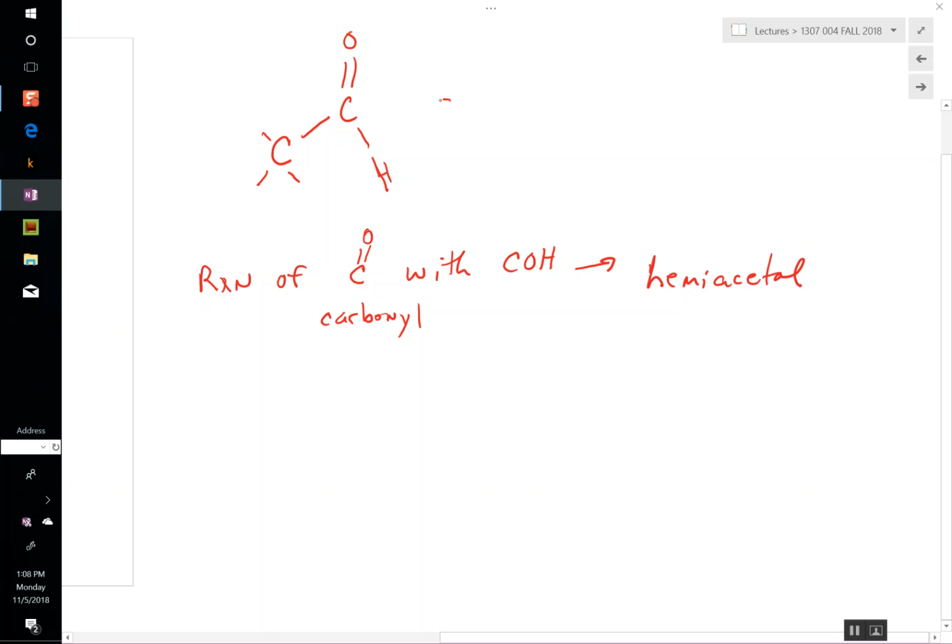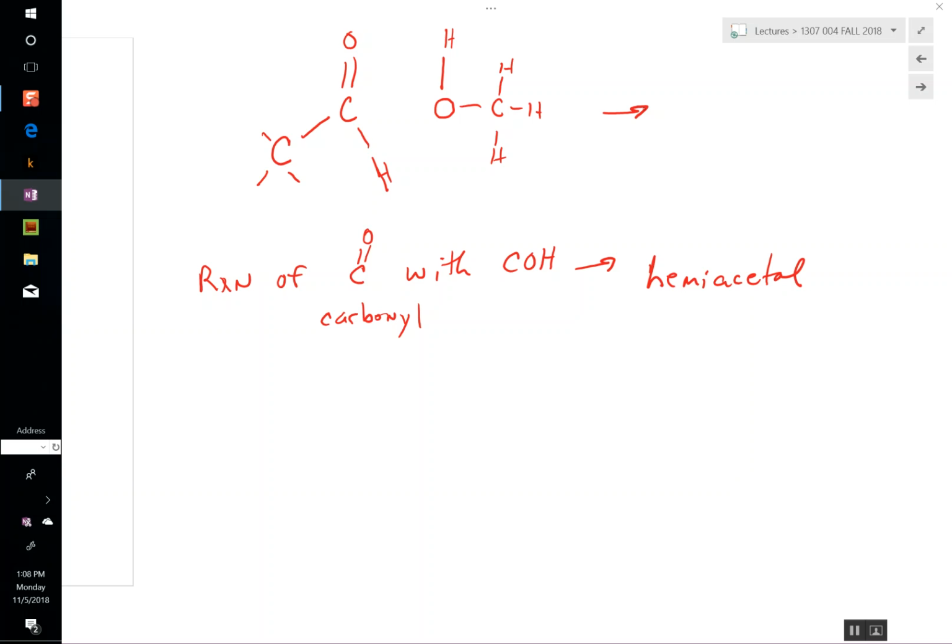So if we came along here with an alcohol, we did this in chapter 13, so this shouldn't come as a surprise. This is the hemiacetal reaction. We're adding an OH across a carbon-oxygen double bond. When you add something across a double bond, one part of it goes on one of the atoms.